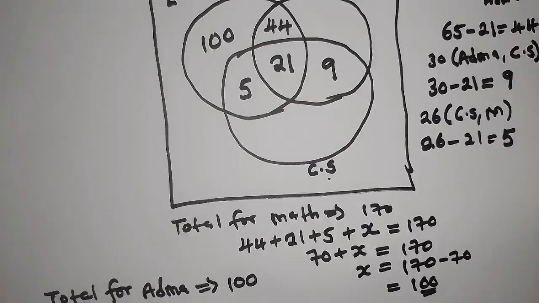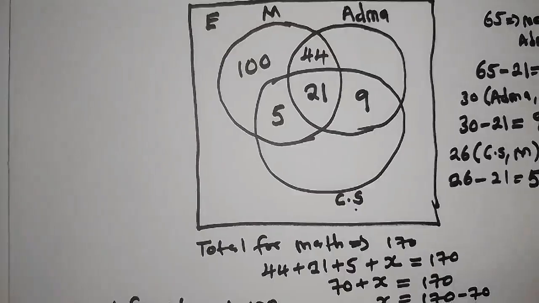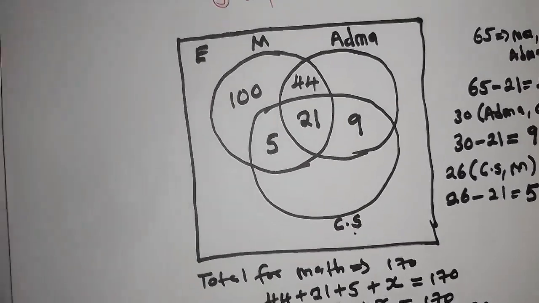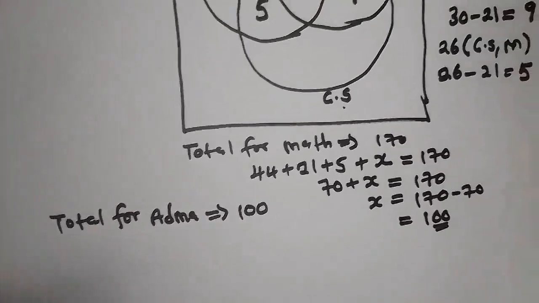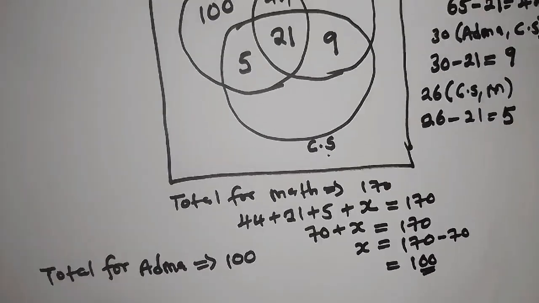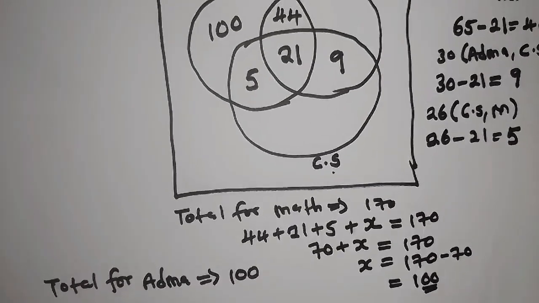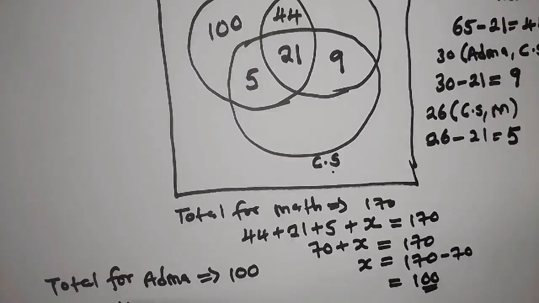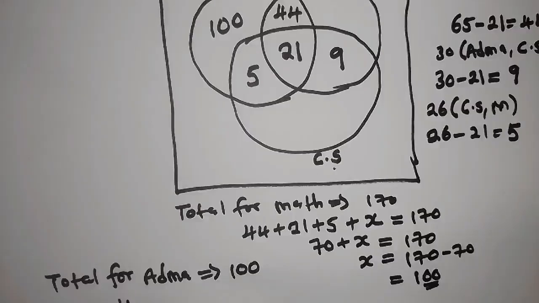So we have just 44. Okay. 44 plus 21 plus 9.